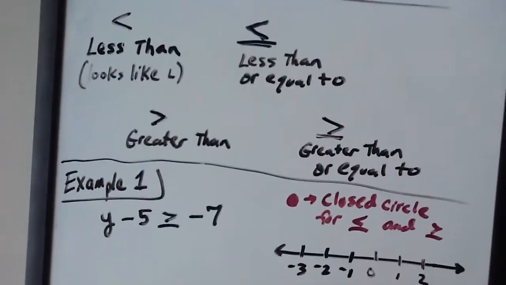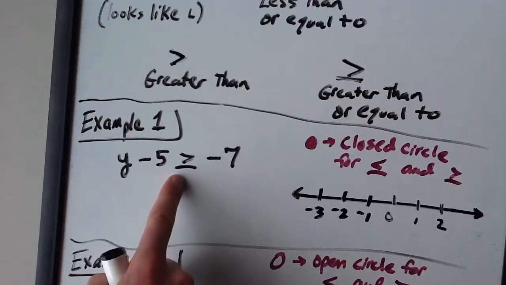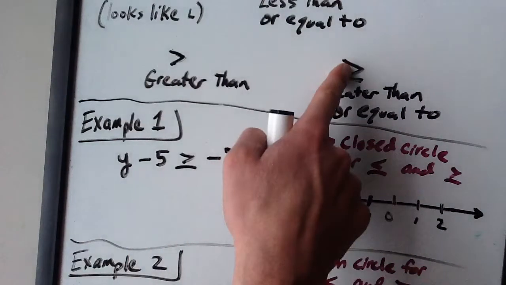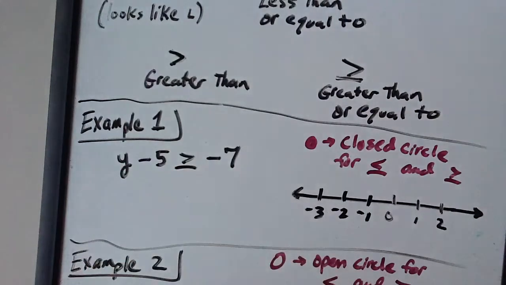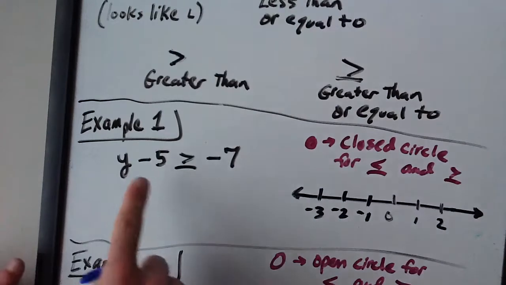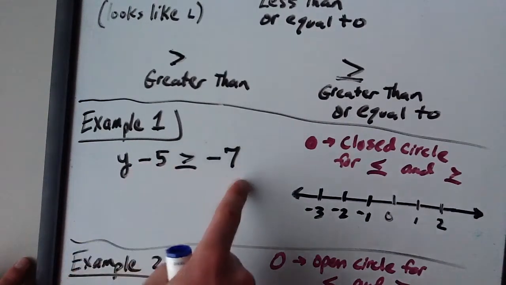Here's example number 1. We have y minus 5 greater than or equal to, that's what that symbol means, y minus 5 greater than or equal to negative 7. I need to isolate the variable, so get the variable on one side and everything else on the other. So right now I have y on the left side. I got to move this negative 5 over here.